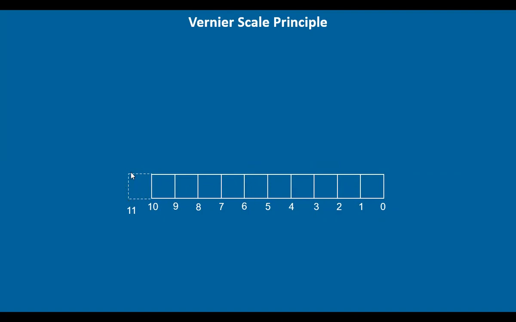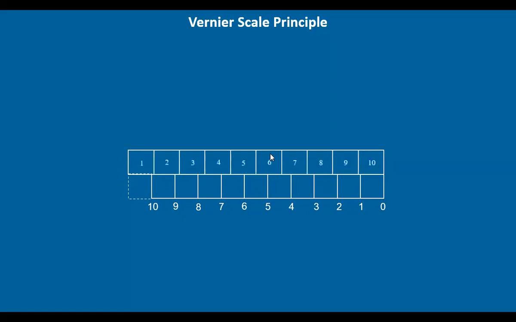Now, on top of this, I take another rectangle of the same 11 centimeters size. I will divide this into 10 equal parts now, right? What happens? This is actually 11 centimeters in length.